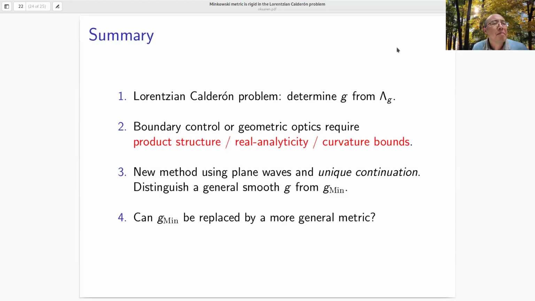And the answer is that for the metric case, we are doing some work here. There is stability for certain families of Riemannian metrics from just a finite number of plane wave sources. We can get stability under certain conditions.